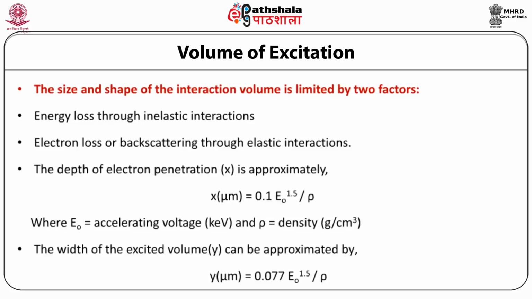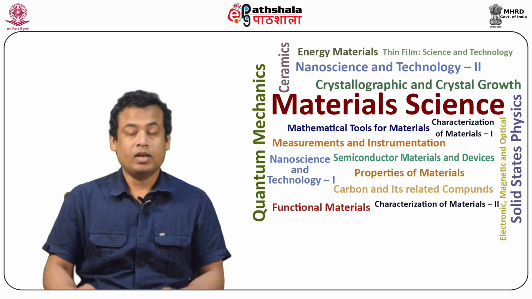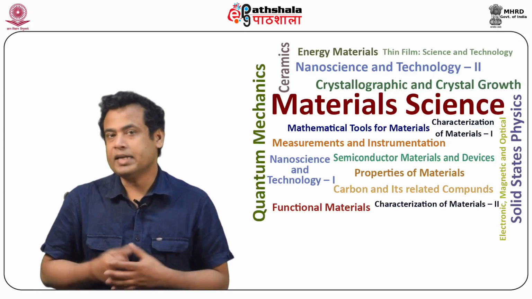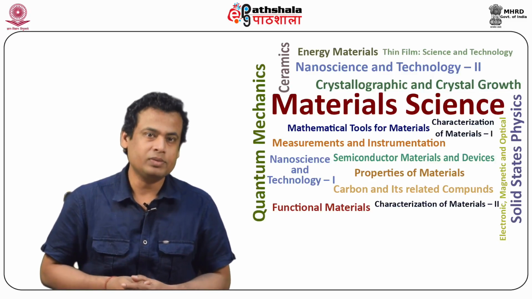And the third factor influencing the interaction volume is the tilt of the specimen. As the angle of tilt of the specimen surface increases, the interaction volume becomes smaller and asymmetric. So, students, let us summarize what we have learned in this module.